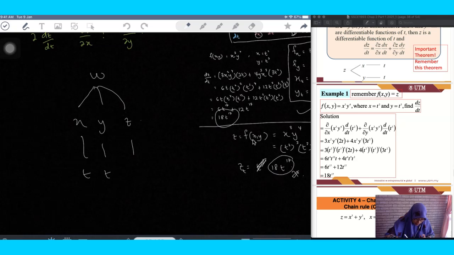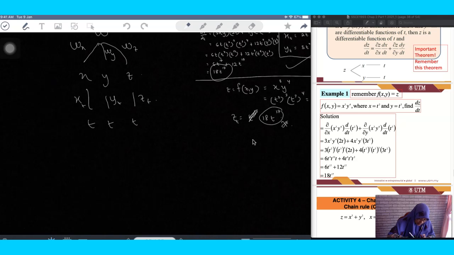So you have one parameter. So you have w_x, w_y, w_z, x_t, y_t, z_t. And then dw over dt is w_x x_t plus w_y y_t plus w_z z_t.